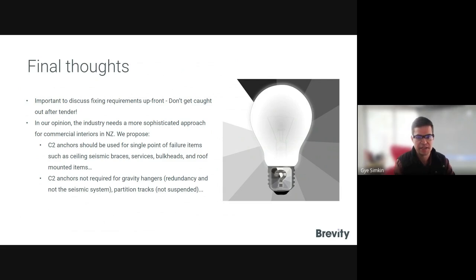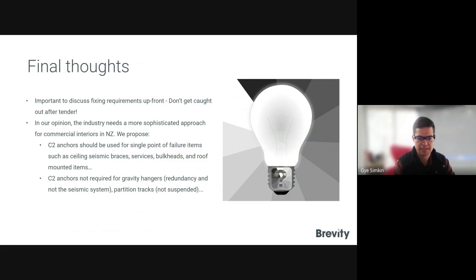In our opinion, the industry needs a more sophisticated approach for commercial interiors in New Zealand, and we would propose something like C2 anchors should be used for single point of failure items, such as the ceiling seismic braces, your services, your bulkheads, a lot of those key items.